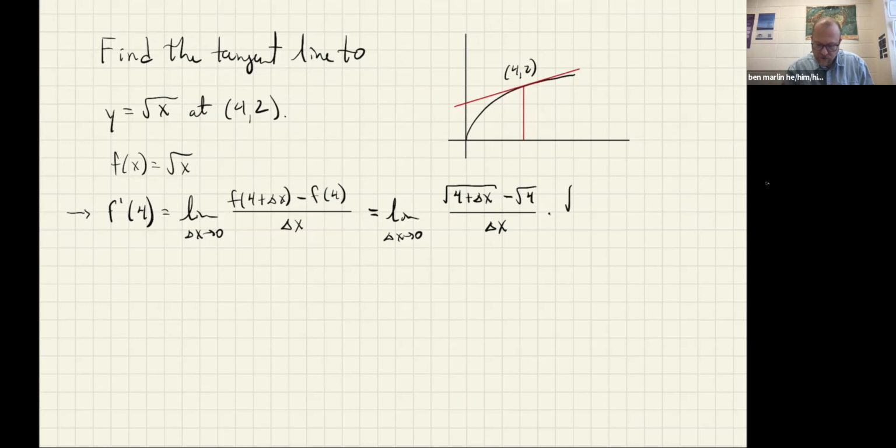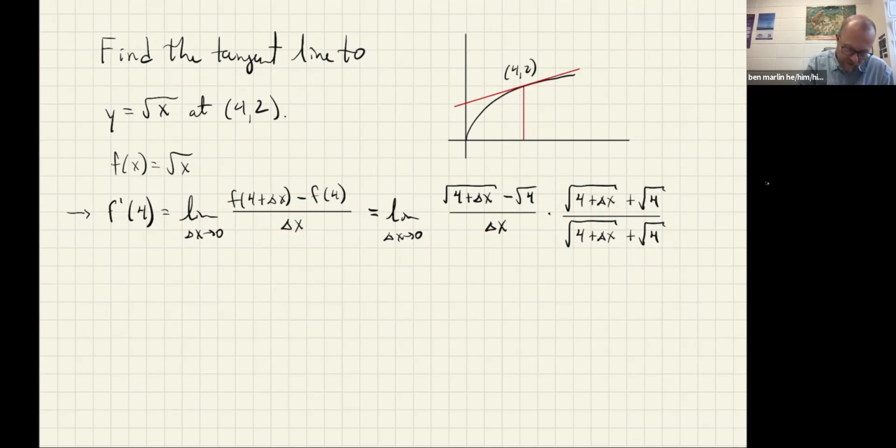So I'm going to multiply by the conjugate here and write square root of 4 plus delta x plus the, I started to say square root of 4. Yeah, I'll go ahead and write square root of 4. You could just write 2. So remember, we have to multiply by exactly the same thing on the top and the bottom.